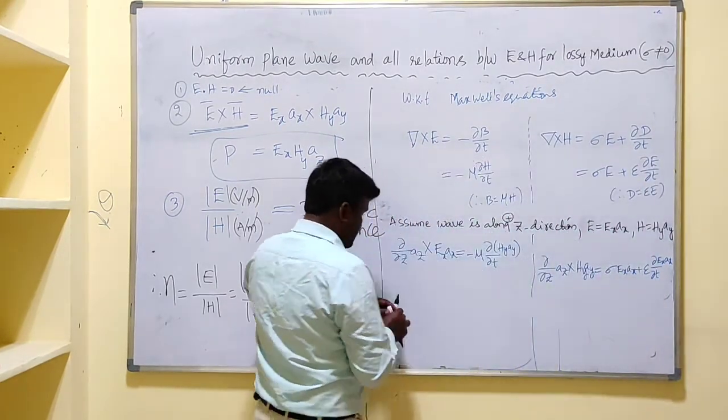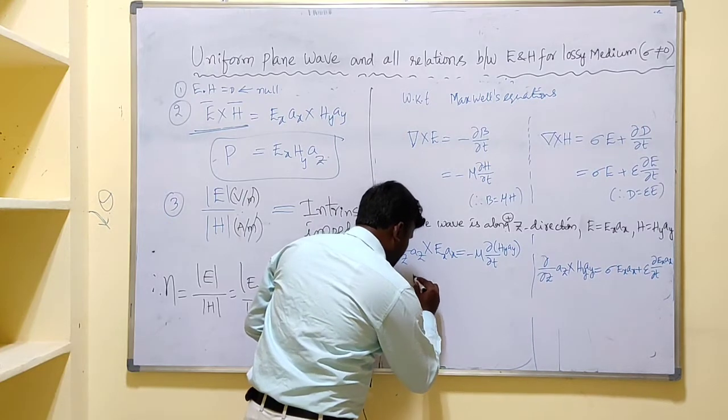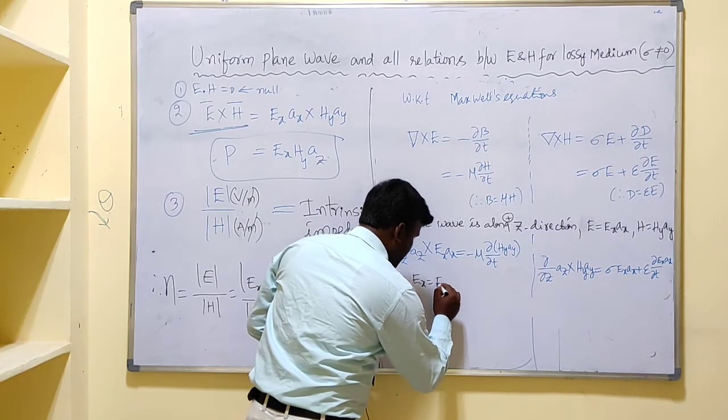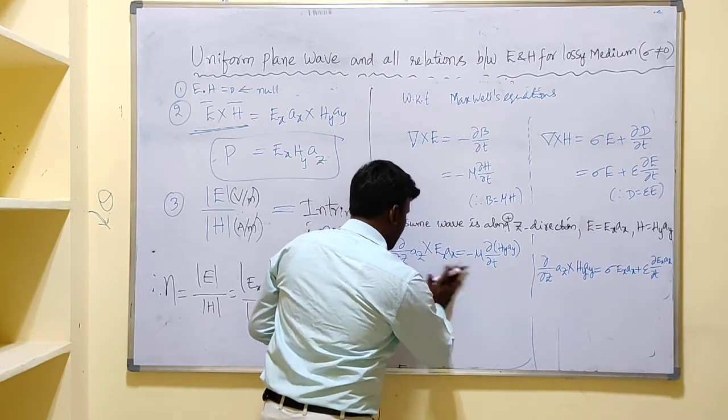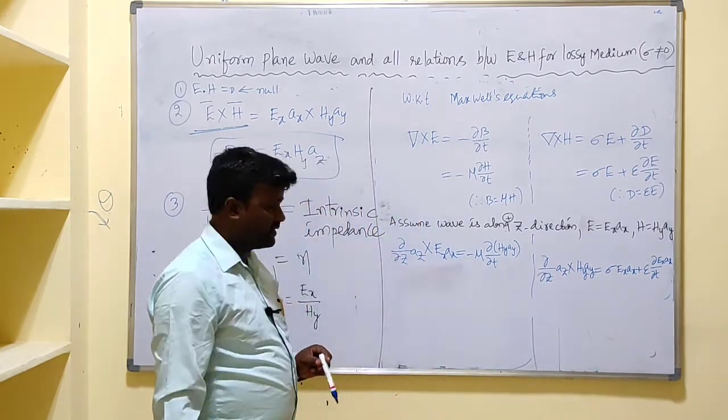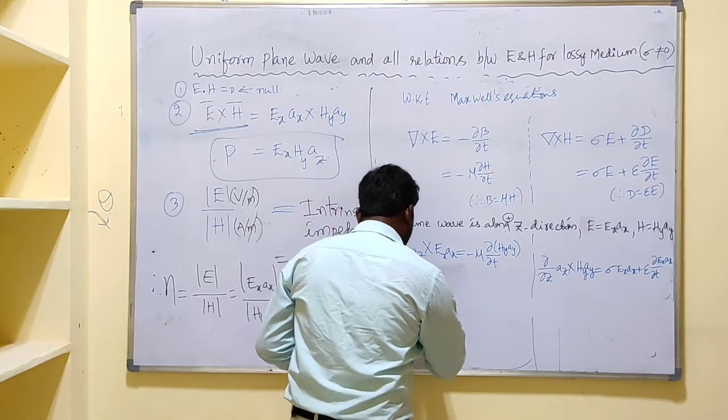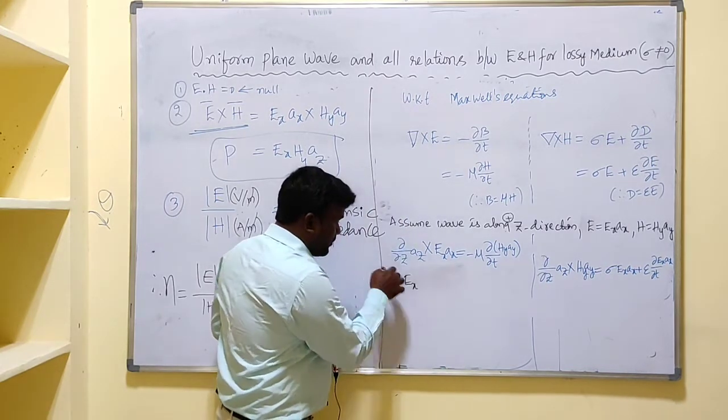Ex can be taken as E naught into e to the power j omega t. In phasor form, we require Ex with respect to variation in z.